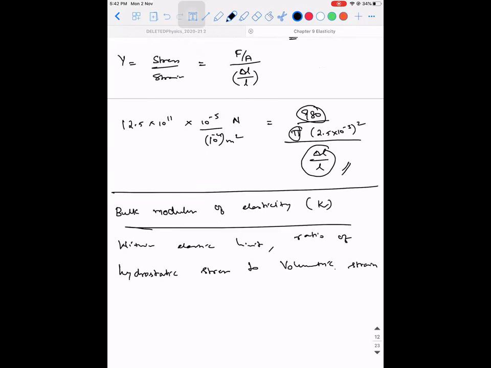So within elastic limit, the ratio of hydrostatic stress to volumetric strain is called bulk modulus of elasticity. Remember, this hydrostatic stress is also called pressure.